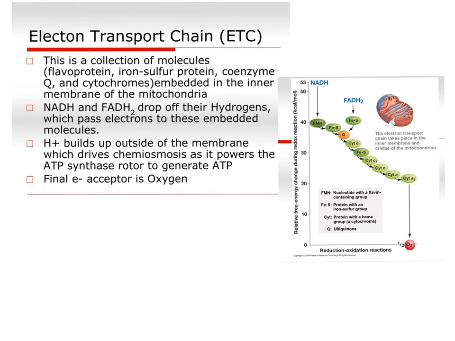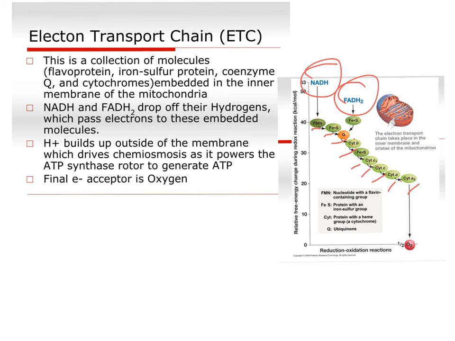What happens is our molecules of NADH and FADH2 are going to be dropping off their electrons to various molecules that are embedded within the inner mitochondrial membrane. You don't have to remember what each of these molecules are, but you do need to know that these are molecules that are waiting embedded in the inner mitochondrial membrane, and they are accepting electrons from our electron carriers, okay?